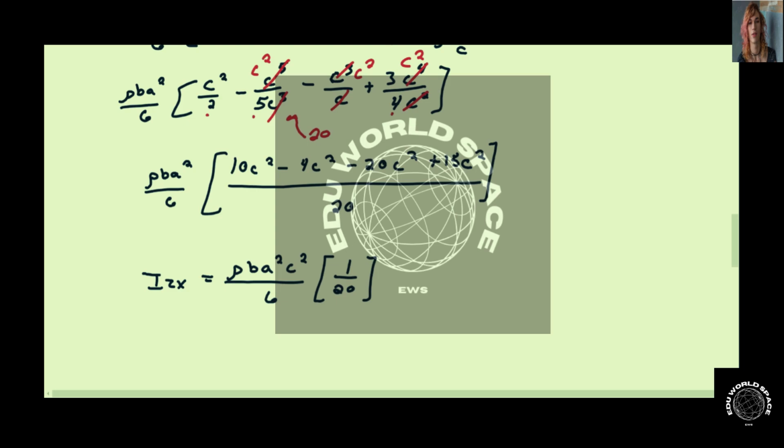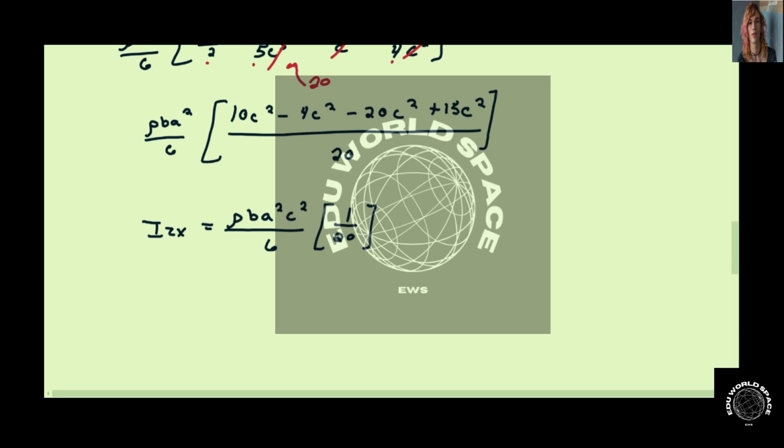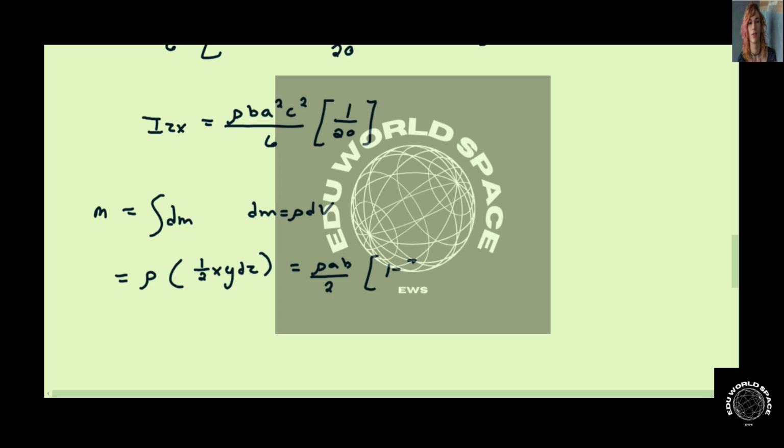Okay. So now we can find the m, which is going to be the integral of dm. And dm equals p dv. So we have p, 1/2 x y dz, which equals pab over 2 times (1 minus z over c) squared dz.